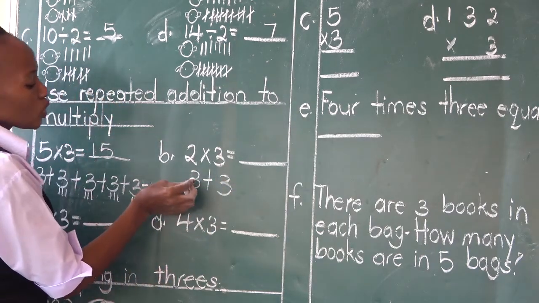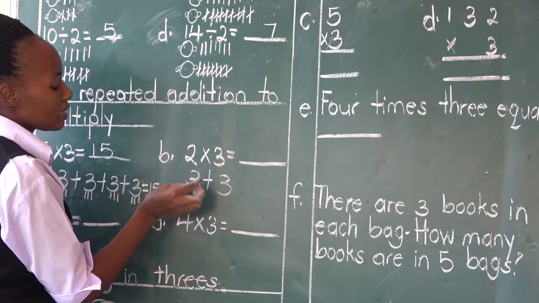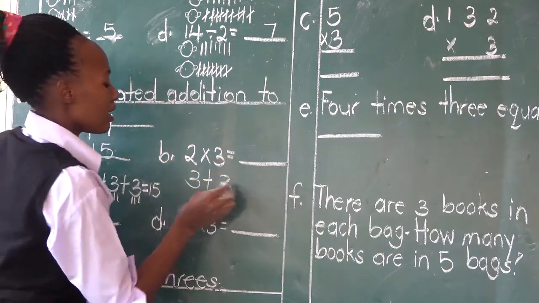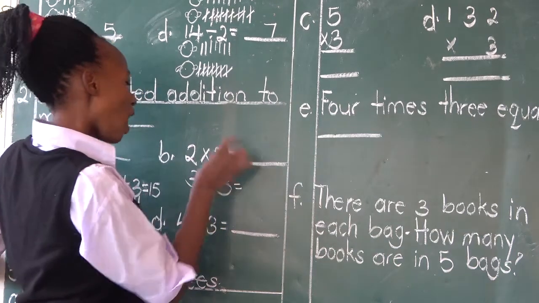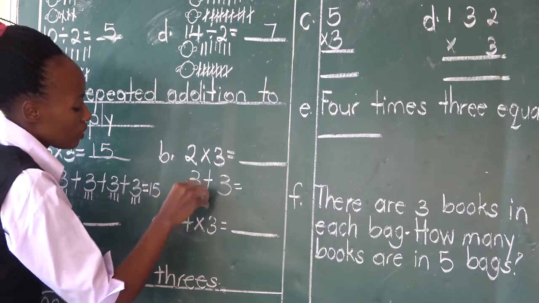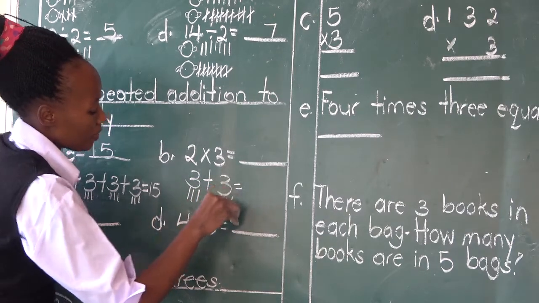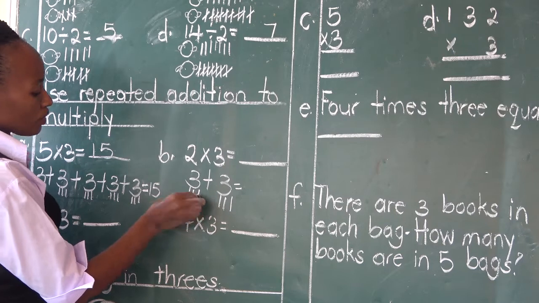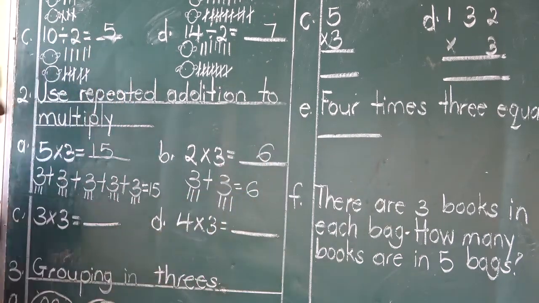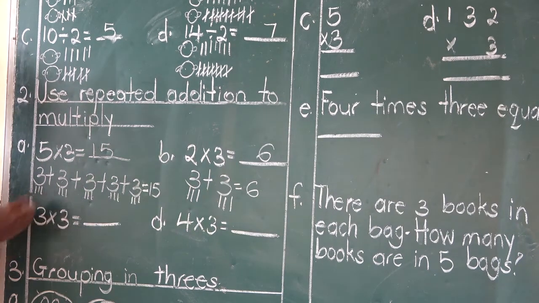These are the 2 groups of 3. Now, since they want us to work it out, we add 1, 2, 3 and 1, 2, 3: 1, 2, 3, 4, 5, 6. That is the answer.